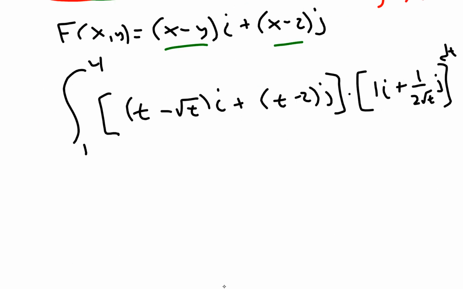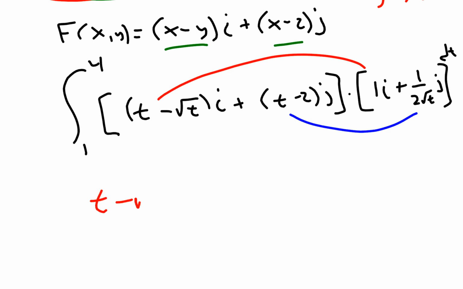Okay, so now I'm going to start working through this. For our dot product, we multiply the x components together, multiply the y components together, and add them up. So the first one's going to be easy. It's going to be t minus the square root of t, and then we're going to have a plus here. Let's do our integral from 1 to 4.